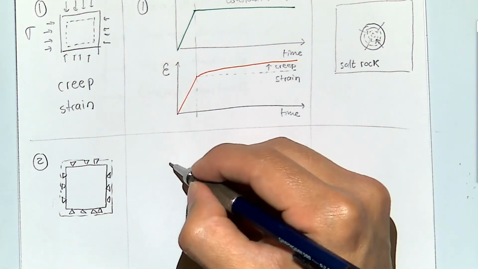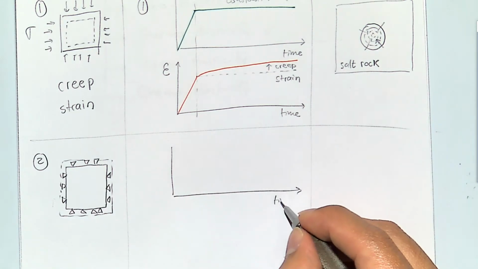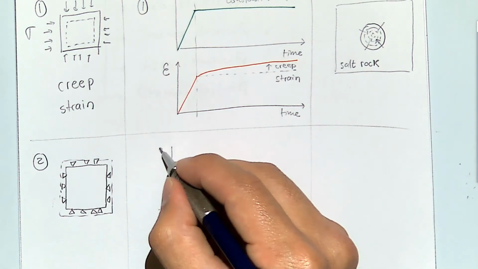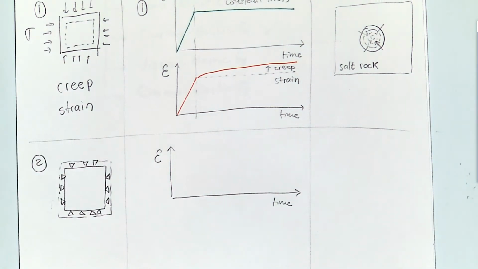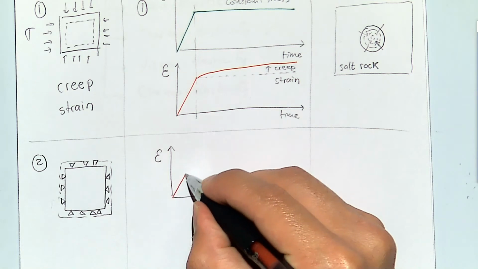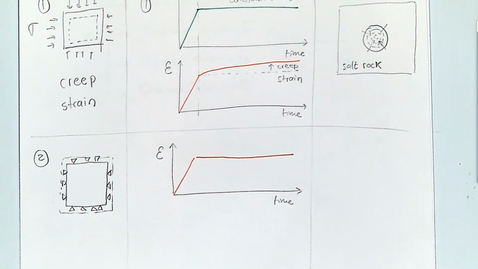So what we did in this case was to fix some strain, and then we kept it constant.